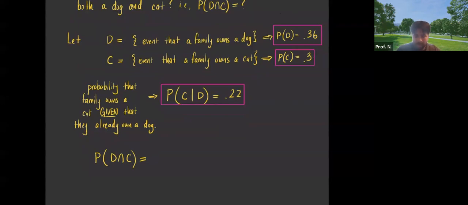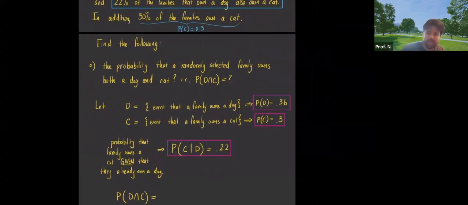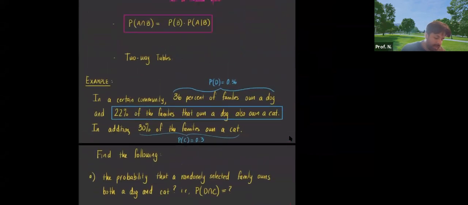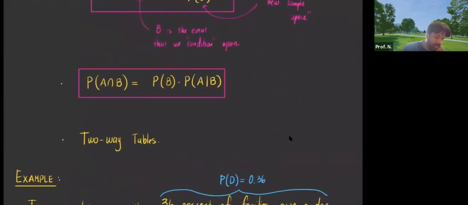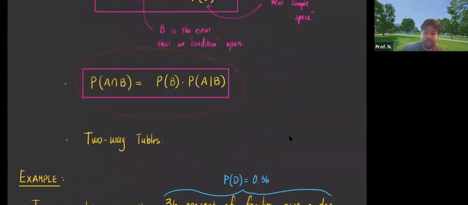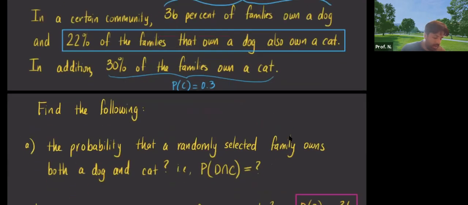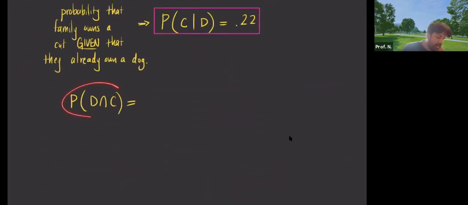Well, we used algebra. Yeah, of course, algebra works, right? But there's a formula that we haven't necessarily used as much. But if you notice, look at this formula. This is the formula that you can use to find the intersection of two events when you have a given probability. So here, look what we have. We have the probability that D intersects C. What I can do is I can find the probability that D occurs, multiply by the probability that C given D occurs.